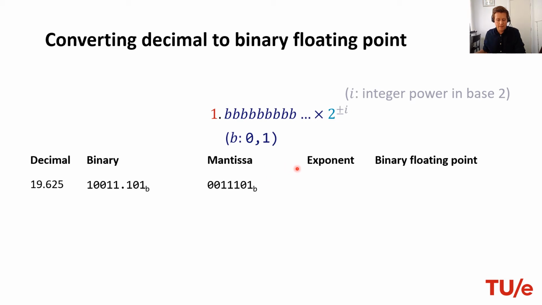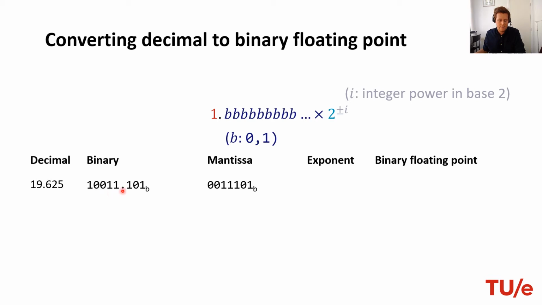Now we have to identify the exponent. The exponent is the power of 2 that we have to multiply our floating point representation with to get the original binary representation. In this representation, you can easily read this off by checking how many places we have to move this point, the floating point, to move it right next to this leading non-zero digit.